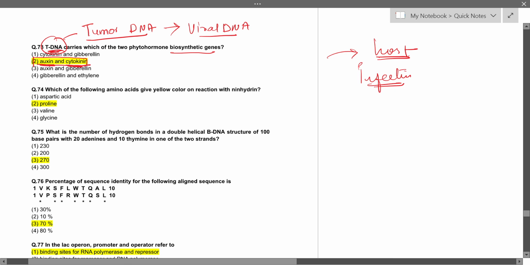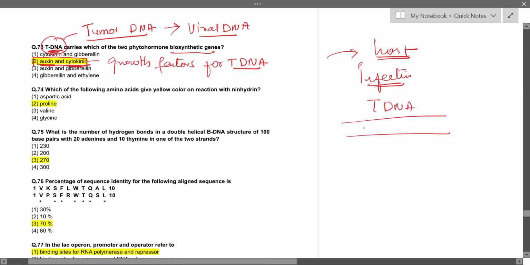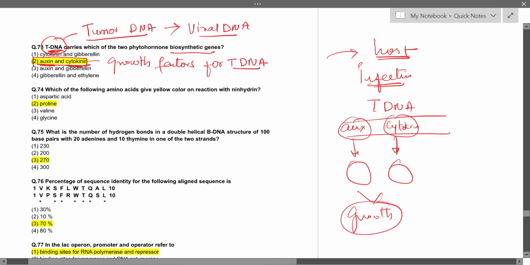These are the growth factors for T-DNA. So T-DNA may contain the auxin gene and cytokinin. Now they will produce this, and it will help in the growth of whatever the viral gene is.